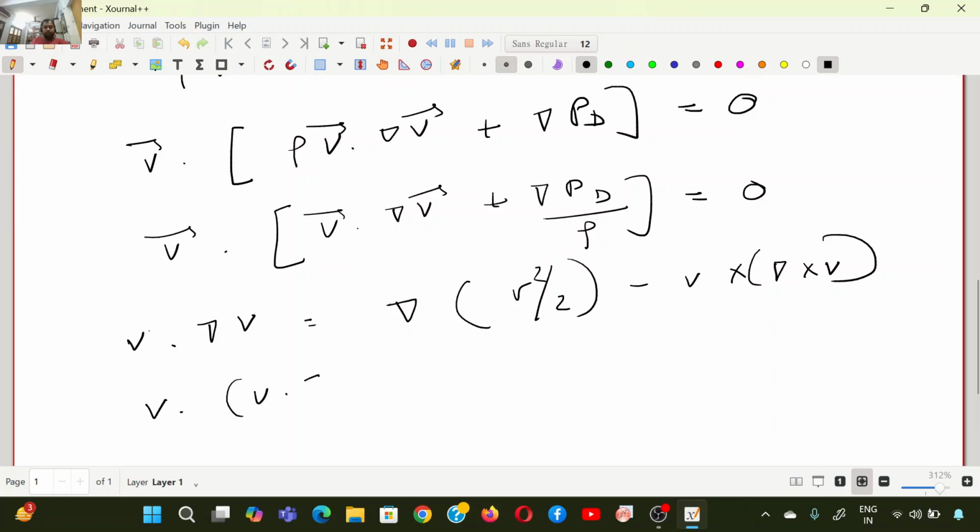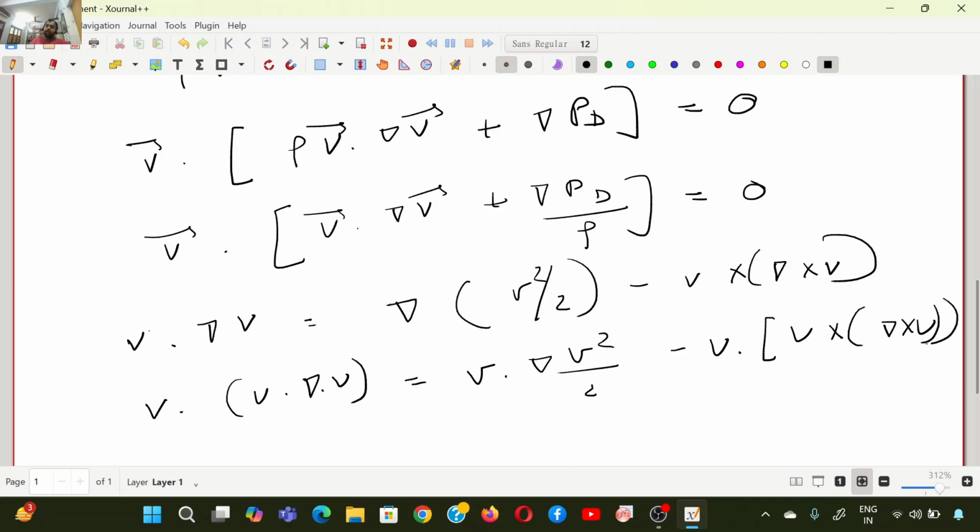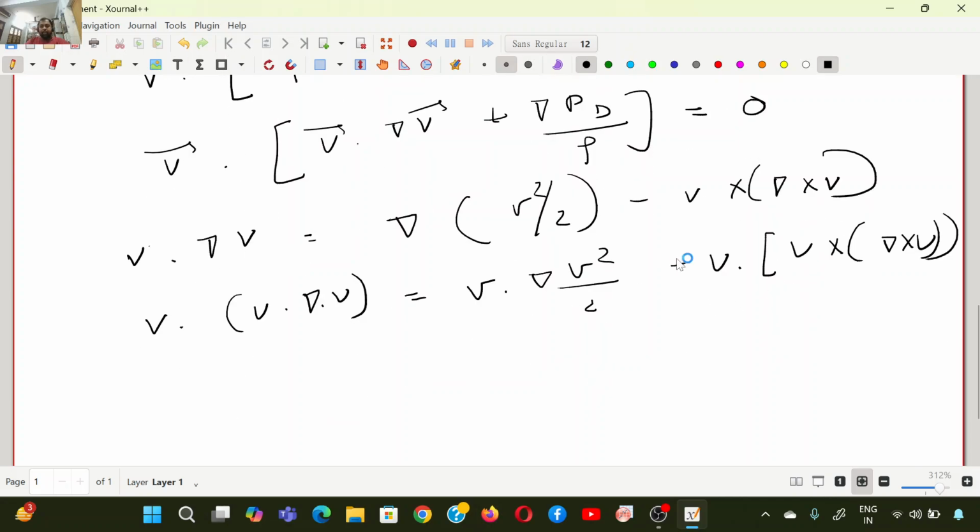So V dot del V is equal to V dot del of V square by 2 minus a cross term that is equal to zero. I'm not getting into the maths of it, this is not a vector algebra class, just take it for granted or refer to any maths book.